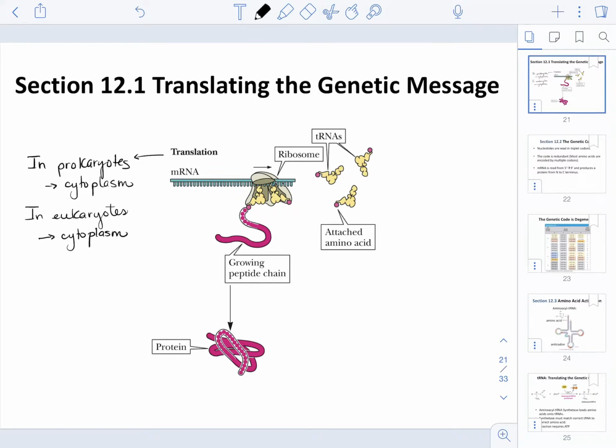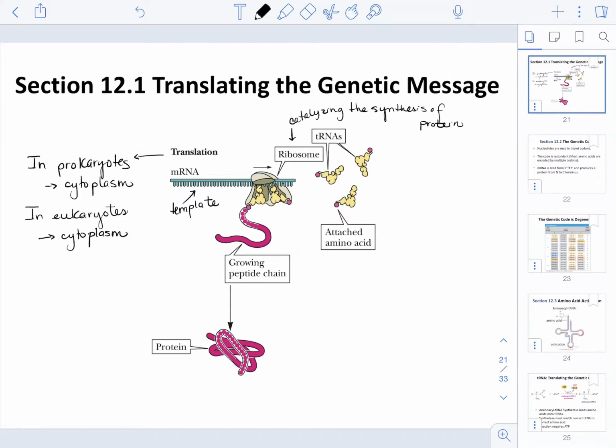Remember that in the process of translation, we're going to have as a template the molecule of mRNA. Then the ribosome is going to be what is catalyzing the synthesis of the protein.